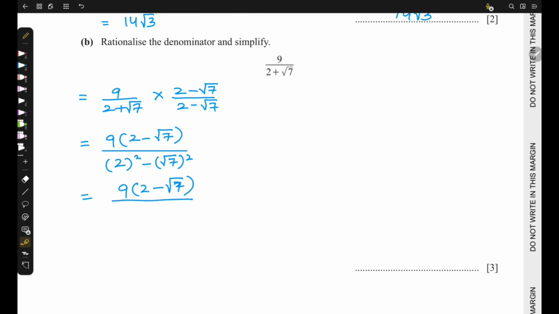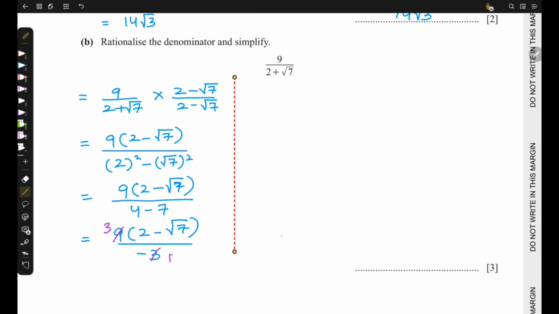In the denominator, 2 square is 4. And over here, the square will be cancelled out. You will get 7. And then 9 times 2 minus under root 7 over 4 minus 7 is negative 3. And you can now cancel out, 3 1s are 3, 3 3s are 9. And next, you will get 3 times 2 minus under root 7 over negative 1.